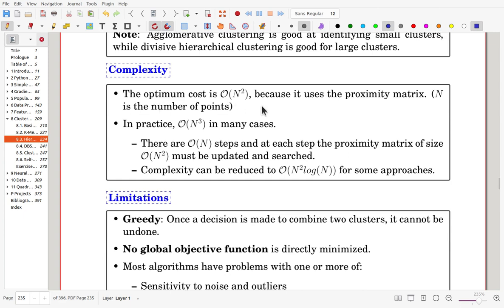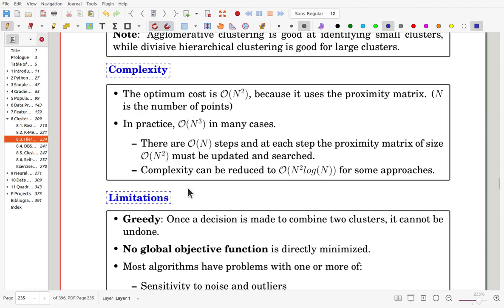The optimum cost is order n squared because each time it should compute the proximity matrix, and here n is the number of points. But in practice, the computation cost is order n cubed in many cases. There are order n steps, and each step requires order n squared computations.